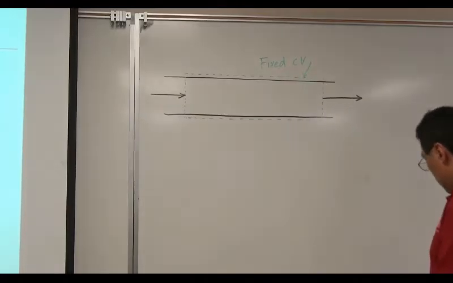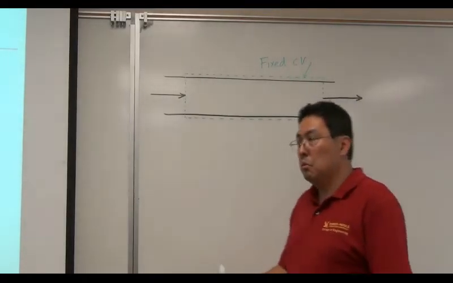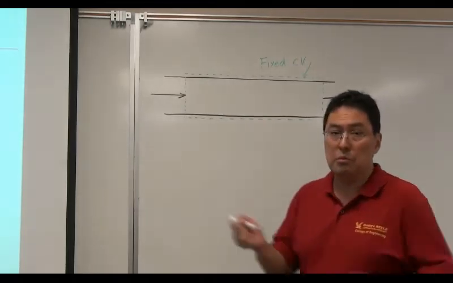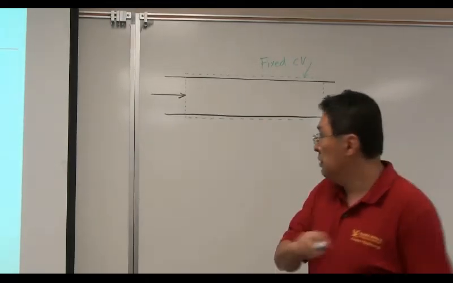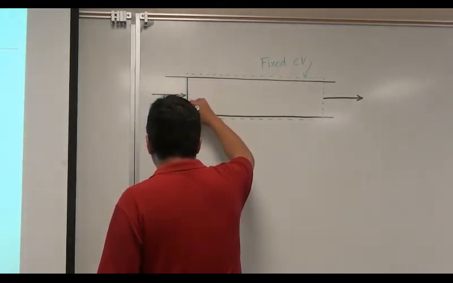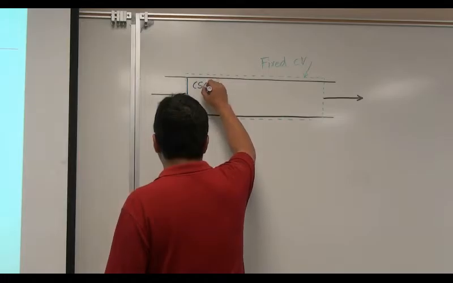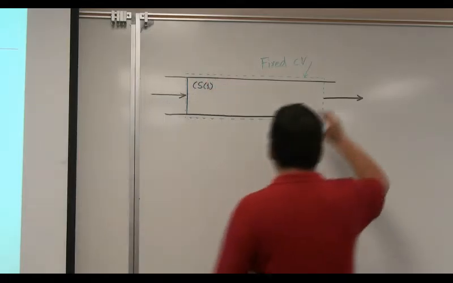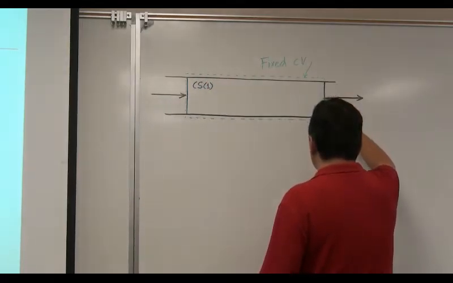Okay. One thing which is very, very important is as you choose the fixed control volume, you're going to automatically choose the control surface. So this is the control surface 1. This is control surface 2.